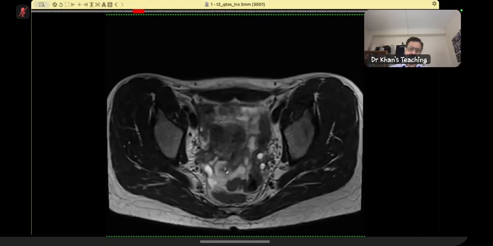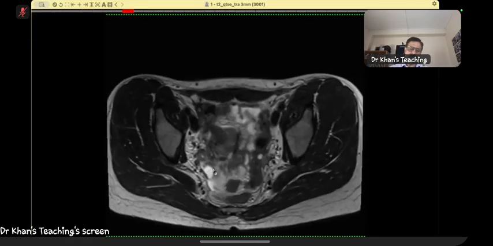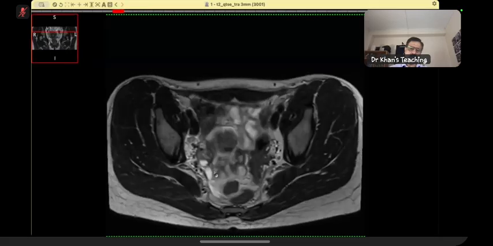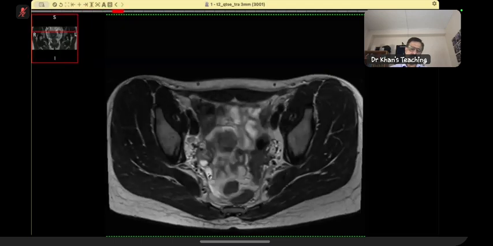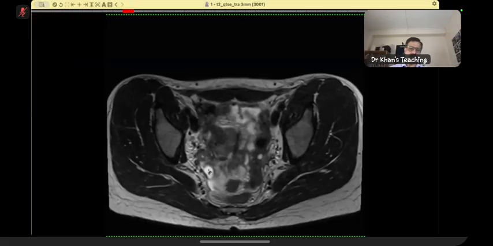And on the other side, again, there was this structure here, and it was much better visualized as far as the convolution is concerned on the sagittal. But even here, you can see that it is linear, and then it becomes more dilated.